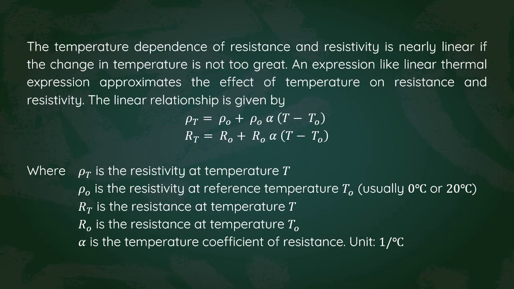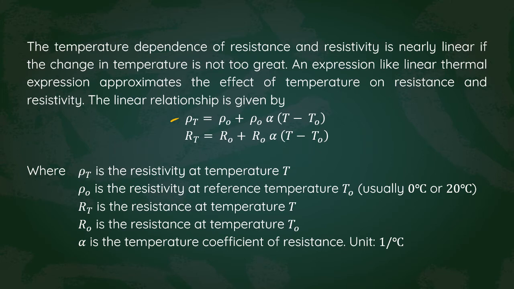So this linear relationship is given by the formula for the resistivity at temperature T, which is equal to the resistivity at the reference temperature multiplied by the temperature coefficient multiplied by the change in temperature.